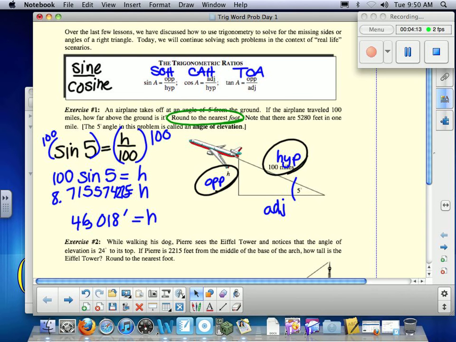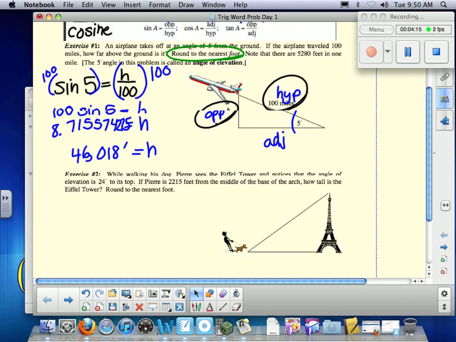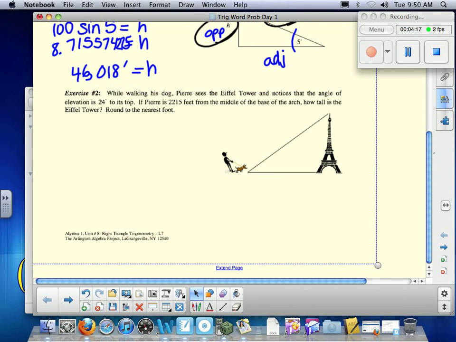Moving on to number 2. Our airplane has taken us all the way to Paris. And Pierre is walking his dog. He sees the Eiffel Tower and somehow he whips out his handy dandy protractor that he carries with him and realizes that the angle of elevation, which means to go up, is 24 degrees.